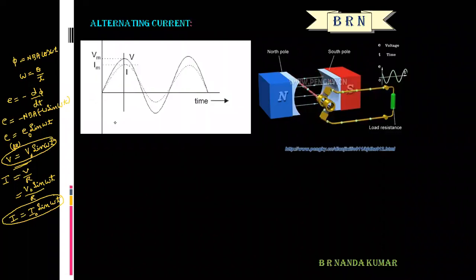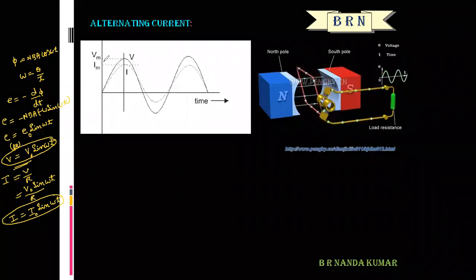First, let us draw a graph of potential difference and current. Here, potential difference means alternating voltage, and current is taken along the y-axis, and time is taken along the x-axis.